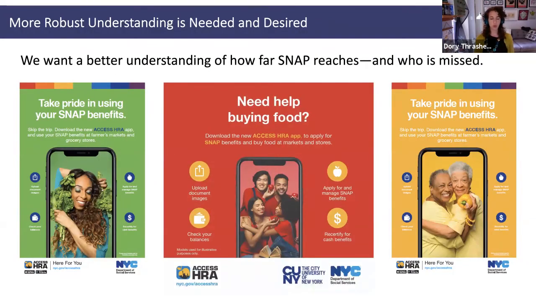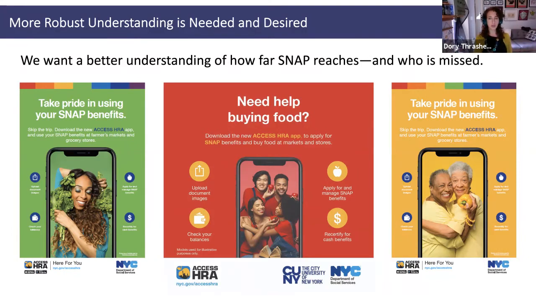But for a lot of the work that we do at DSS, we want a better understanding of how far SNAP reaches. We want to know who is missed. So I include these images, which are part of our SNAP outreach for specific targeted populations: the LGBTQ community, CUNY college students, and seniors, three groups that we think could be better served by SNAP.